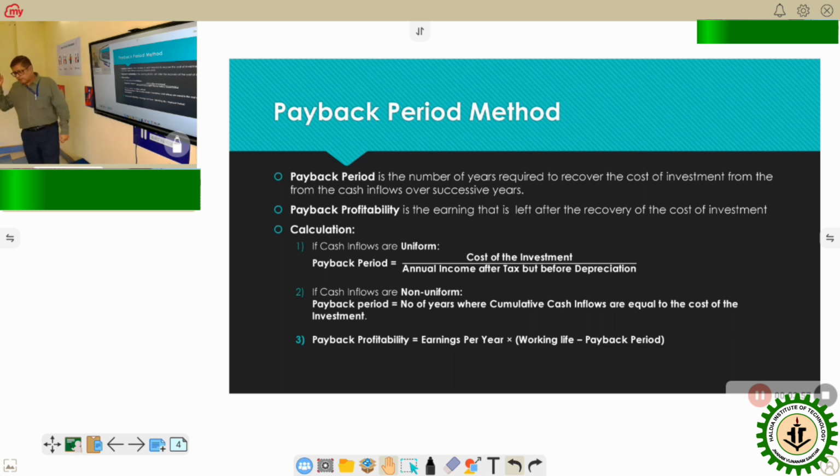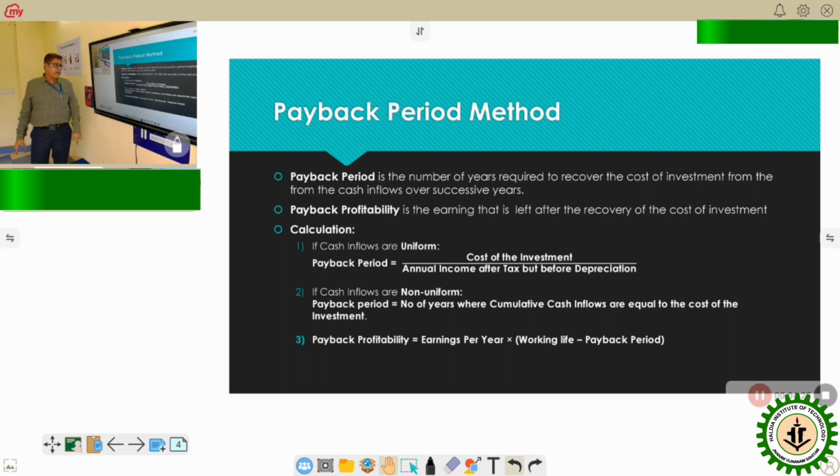But if the cash flows are non-uniform, it is not necessary that every year an organization will earn the same amount as cash flow, by which we can easily calculate the payback period.